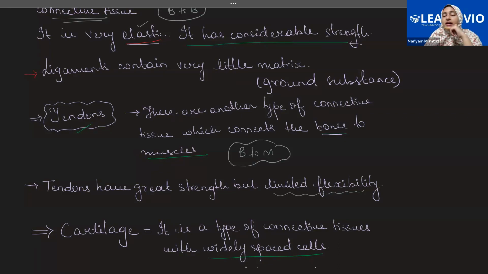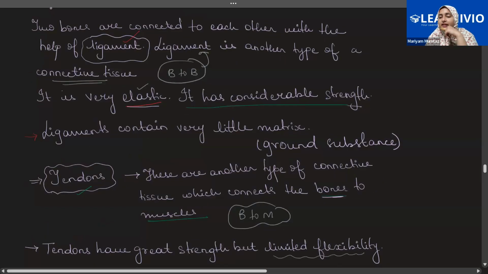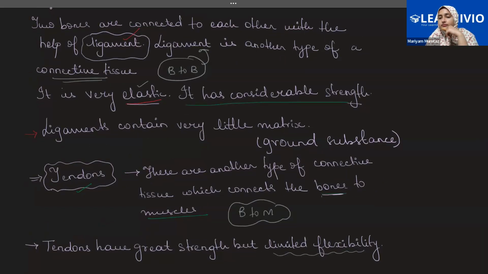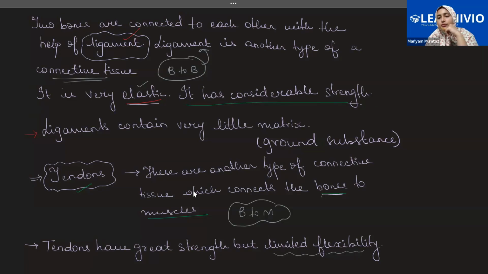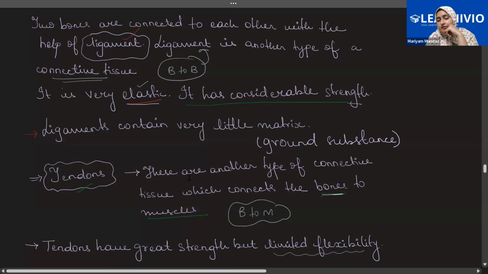But tendons have a very limited flexibility. They are flexible, we can't say that they are not, but their flexibility is limited. So, any doubts in tendons and ligaments? Many times the question can be asked like this: which connective tissue connects bone to bone and which of them connects bone to muscle. Only this kind of question can be asked, and you already know this.